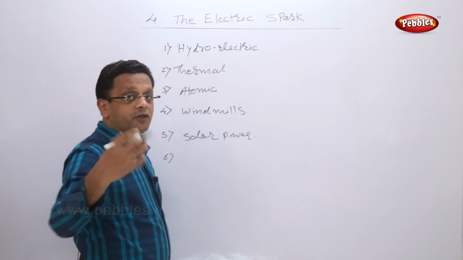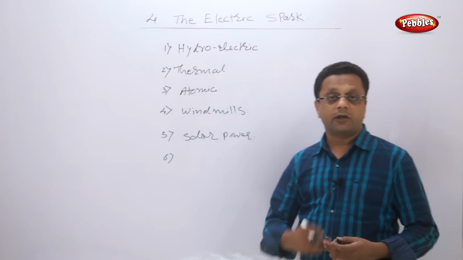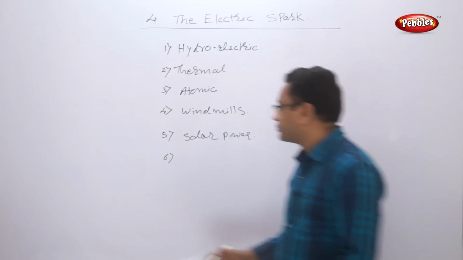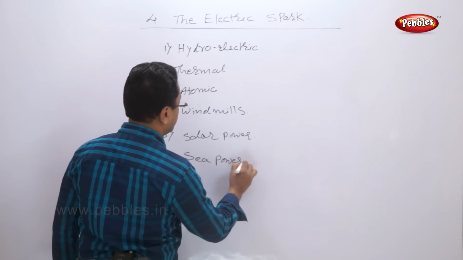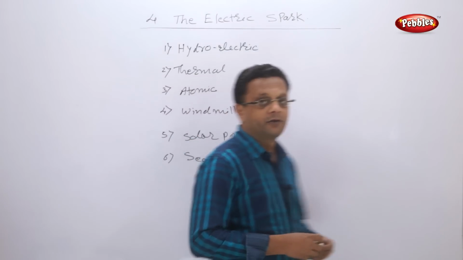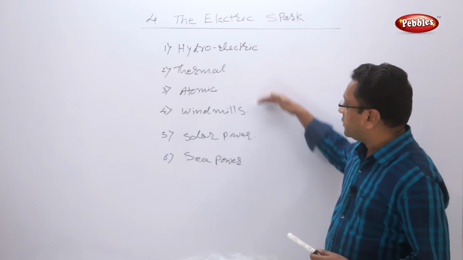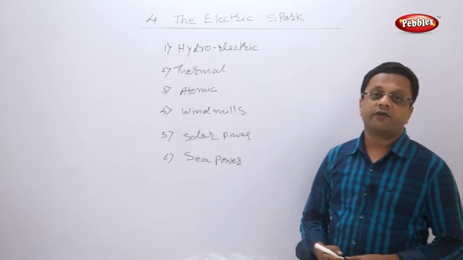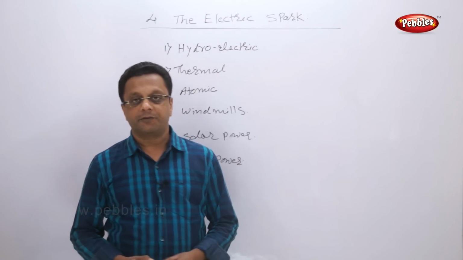There are some non-conventional methods also, like the waves of the seas are generally used to generate the electricity. Sea power or the waves. So in all these things, mainly the generator is involved, which generates the electricity.